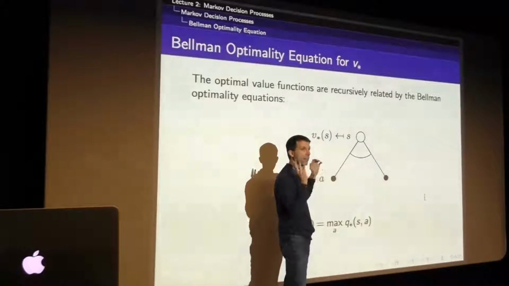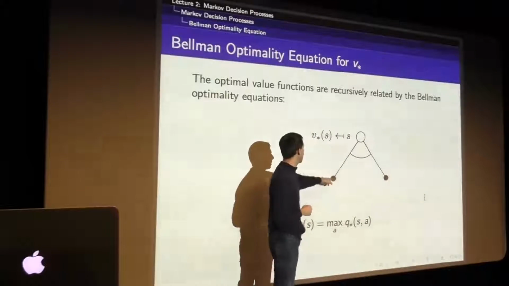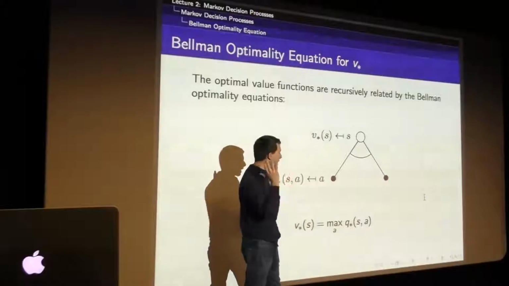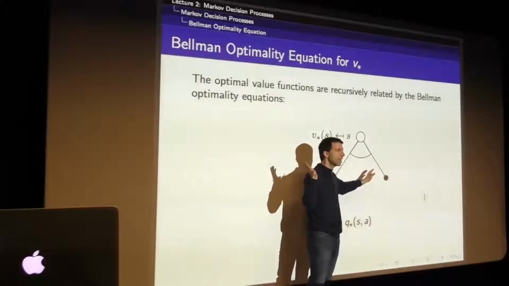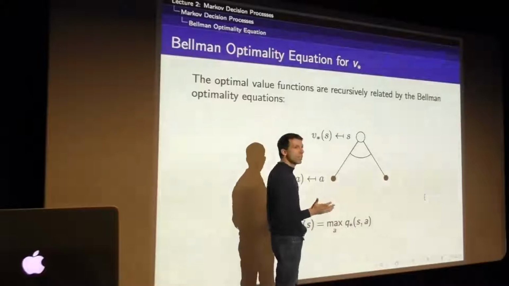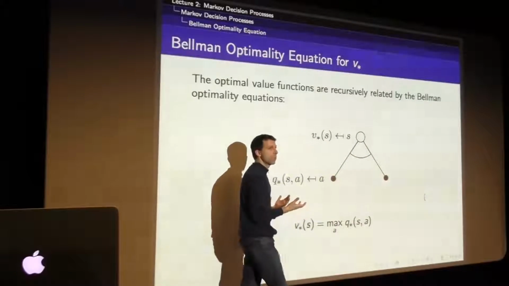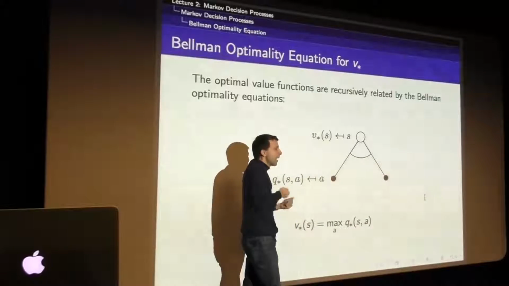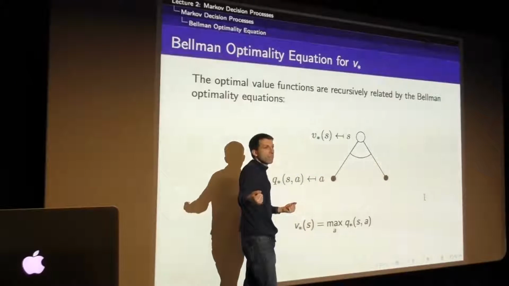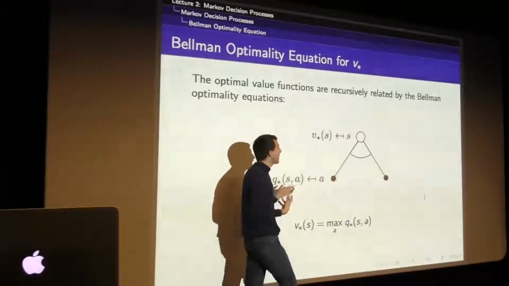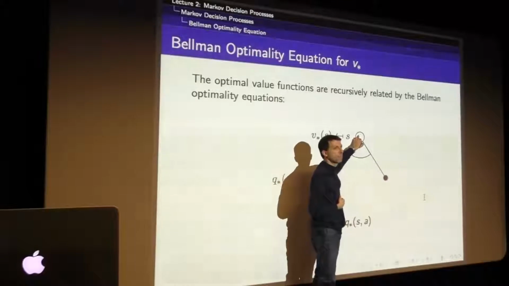This is the number on the red arc, which was 8 for this one and 10 for that one, or whatever it was. And now, instead of taking the average of these, we take the max over them. So we're saying, look at the value of each of the actions you can take, and pick the max of them. And that's going to tell you how good it is to be in this state here.